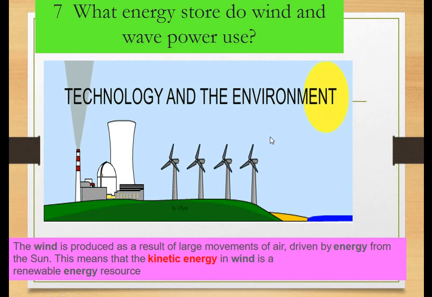So the sun causes that movement, and this means that kinetic energy in the wind is a renewable energy source. You might want to maybe draw a turbine and write this paragraph, please. Pause the video.